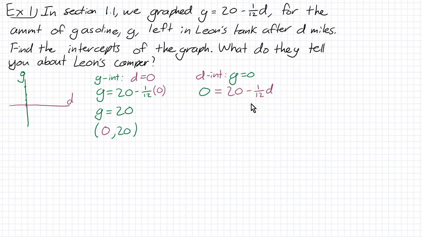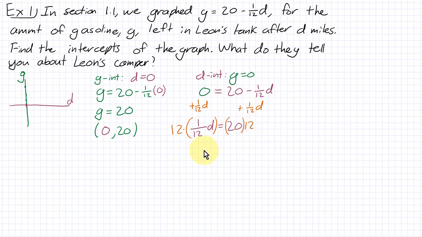First, maybe we can add the 1/12 d to both sides of the equation. That'll give us 1/12 times d equals 20. And then to cancel out that 12 there, you can multiply both sides by 12.